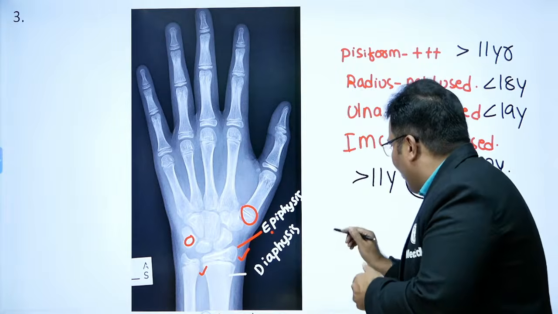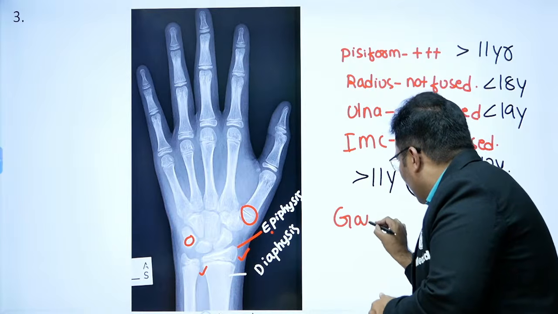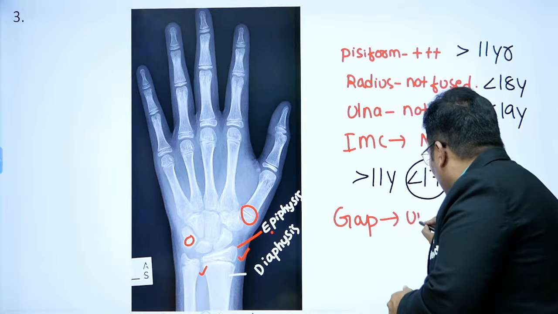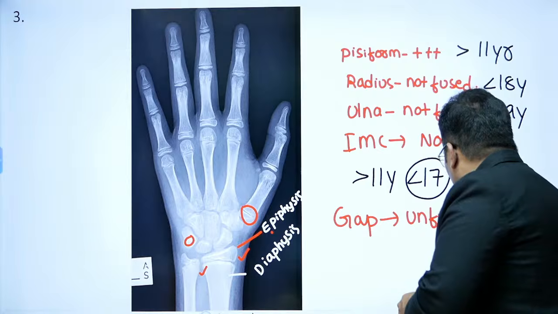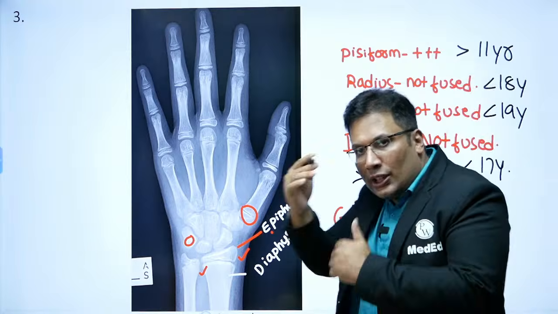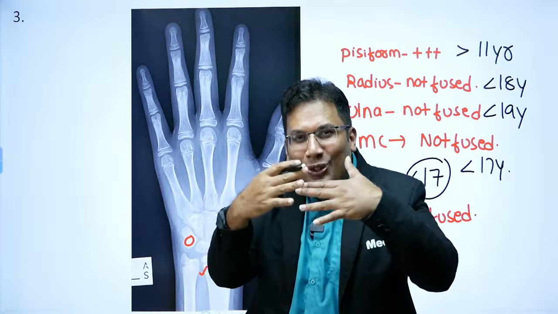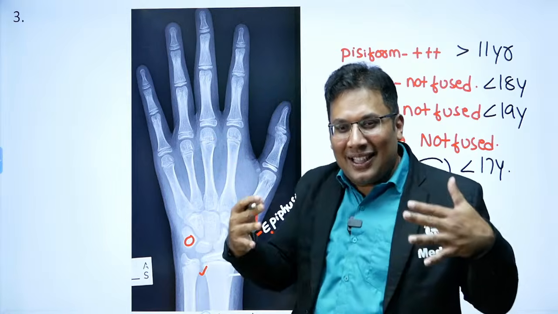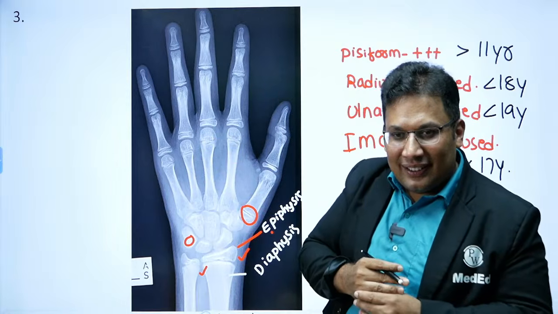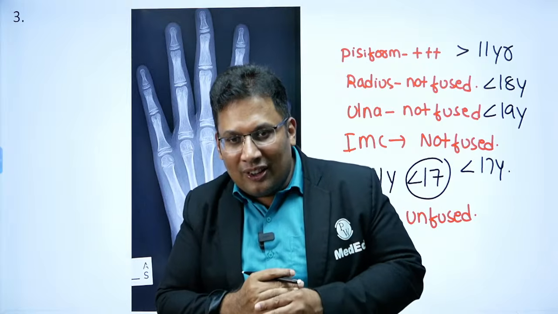When you see the gap, then it is unfused. When there is no gap, then it is fused. So that is the meaning of that. Okay, good.